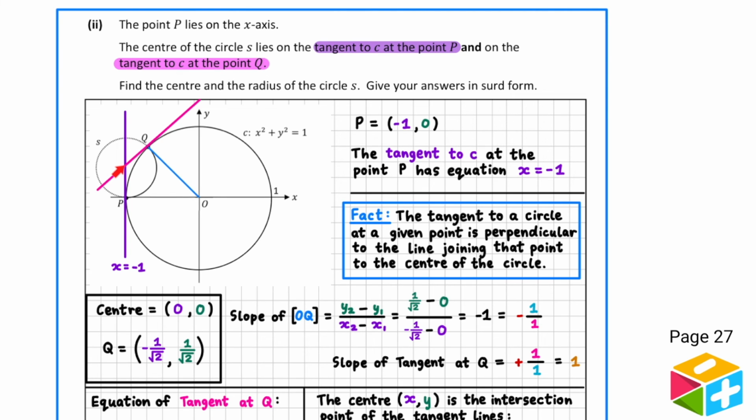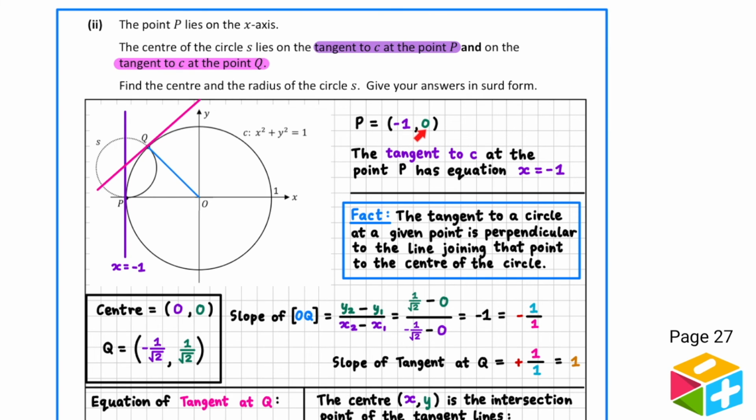The strategy here will be to find the equation of both tangent lines, and then use simultaneous equations to find the intersection point. To begin, let's focus on the tangent line at P. The first thing to think about is the coordinates of P. Since we're told P lies on the x-axis, it must have a y-coordinate of 0.